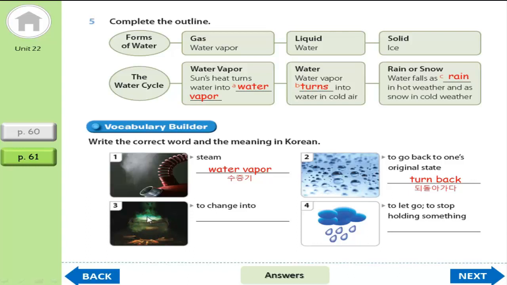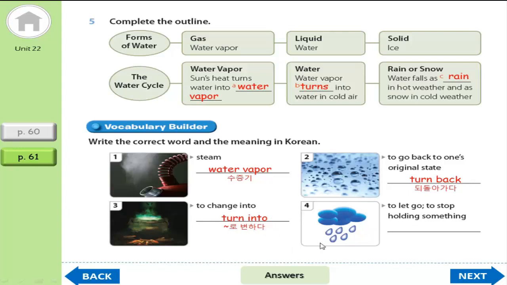Yes, and the water becomes steam or water vapor. So the words here, to change into, what is the same meaning as to change into? What word should we write in here? Okay, so to change into means to turn into.